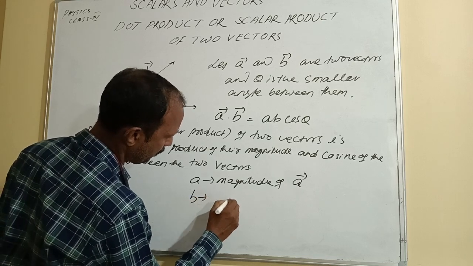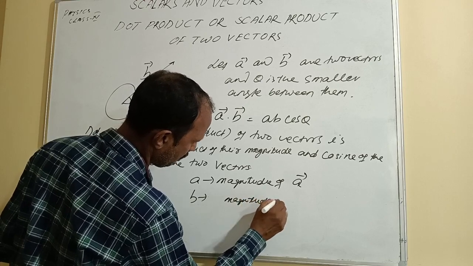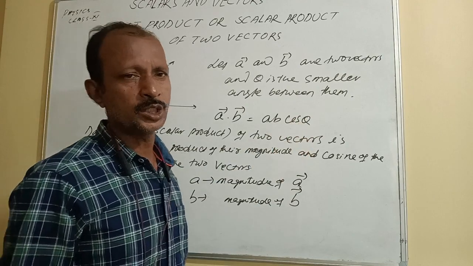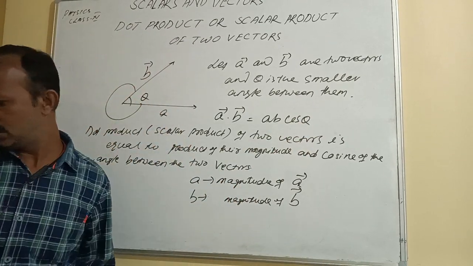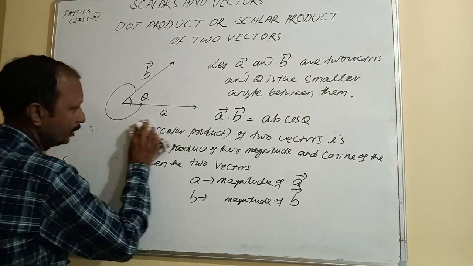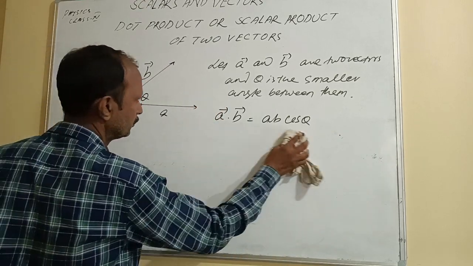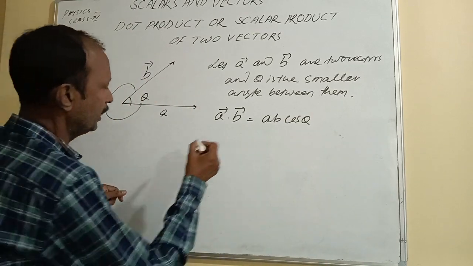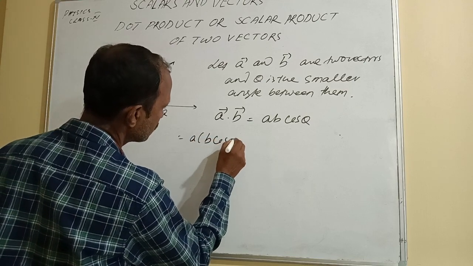B stands for the magnitude of vector B, and theta is the smaller angle between A and B. Let us see. I can write it like this: AB cos theta.